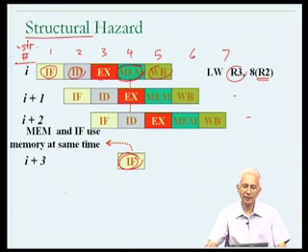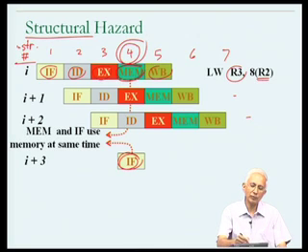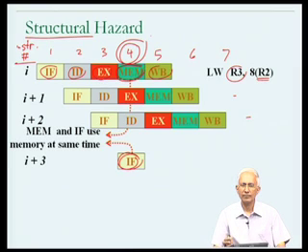We have a situation where in cycle number 4, in other words at the same time, instruction I and instruction I plus 3 both need to use memory. Both have to access memory, one in order to read a piece of data, the other in order to access an instruction, but the fact remains that both of them need to use the same hardware resource, memory or cache in this particular case, at the same time.